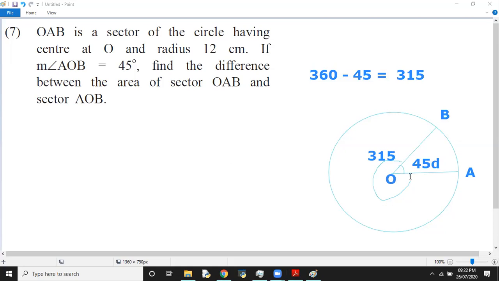We know the R, we know the theta. Here R is 12 centimeter. Now we have to find the solution.